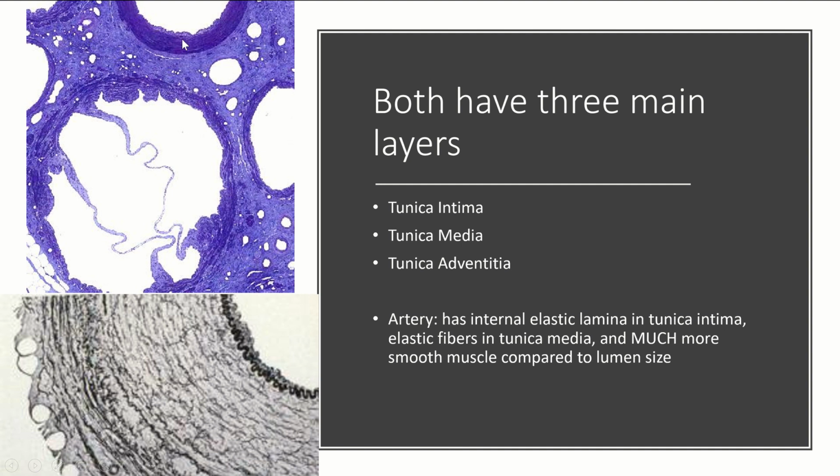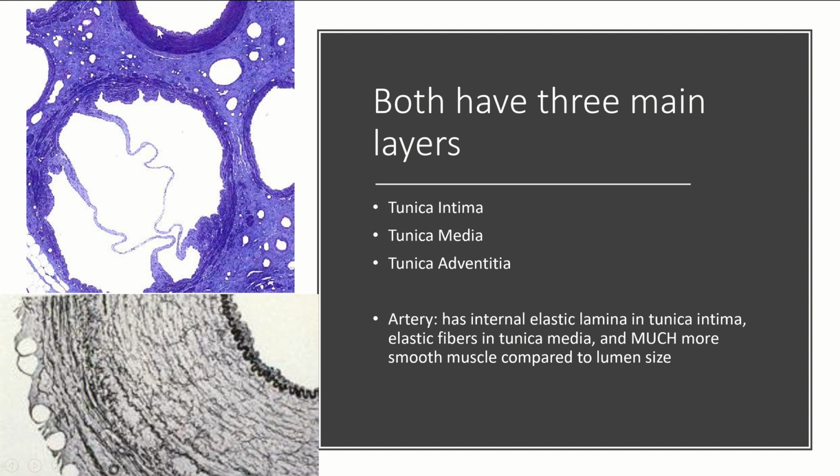Here you can see how thick that smooth muscle layer in the tunica media is, and you can see how this artery is smaller than this vein, right? This artery's lumen is much smaller than this vein, and yet this artery has more smooth muscle than this vein. Does that make sense? This one's smaller but has more stuff supporting it than this one that doesn't have very much stuff supporting it.